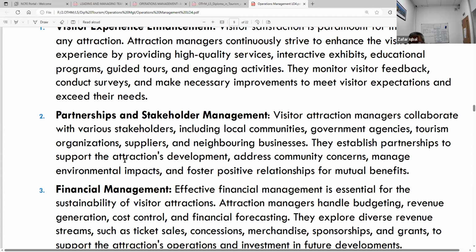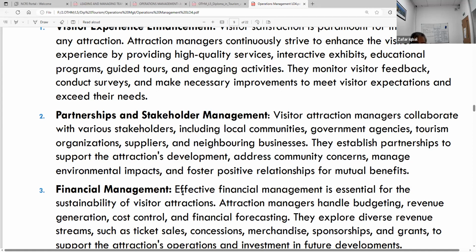How are you going to control and manage rubbish, for example? Who's going to clean up: the local community, the government agencies, or cleaners you employ, or the local council? Who's going to pay the costs for cleanliness or upkeep? So it's very important that you are talking to the local stakeholders and partnership people. Okay, so this is quite important.